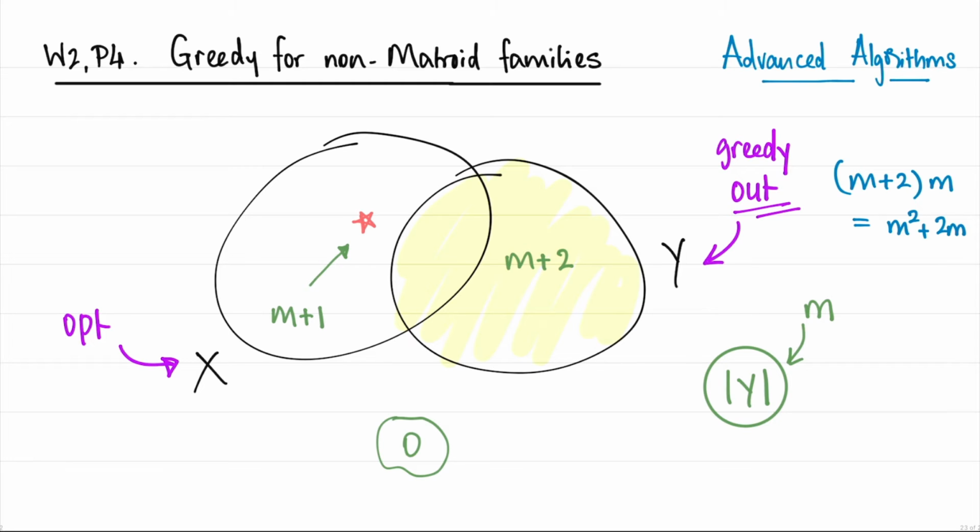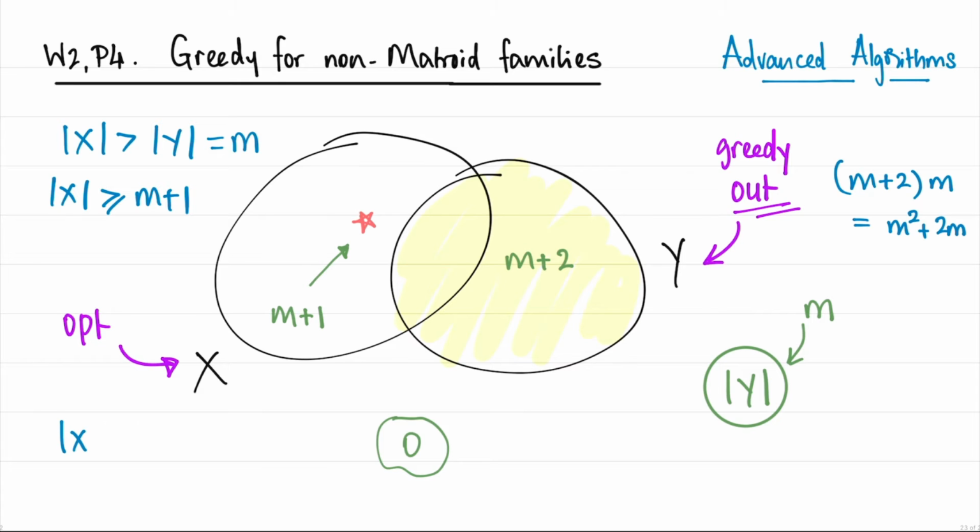Well, we know that the size of X is strictly bigger than the size of Y, which is M, which means that the size of X is at least M plus 1. It has at least M plus 1 elements, and each of these elements has a weight of at least M plus 1. Some of them are common to Y, so they may even have a weight of M plus 2. But in the worst case, X and Y may be completely disjoint sets.